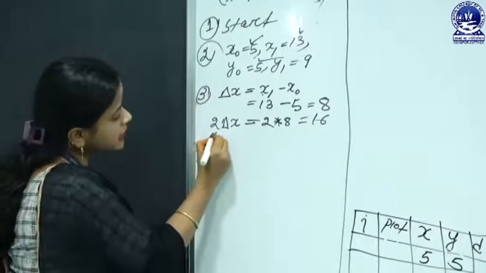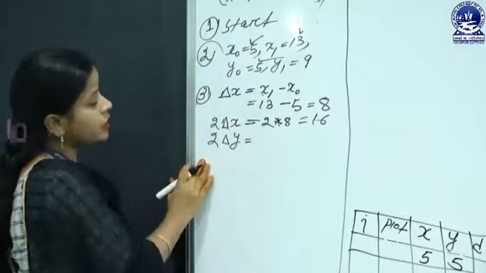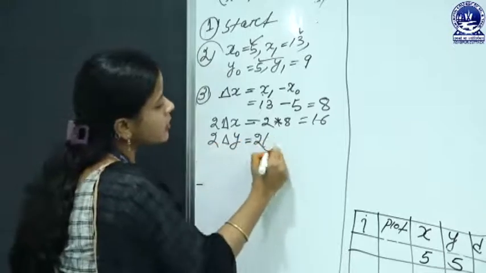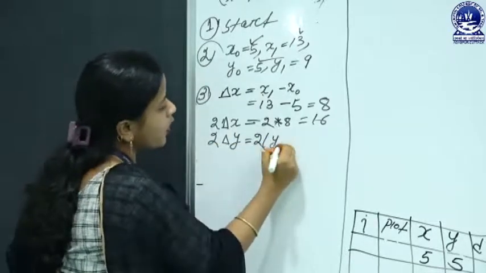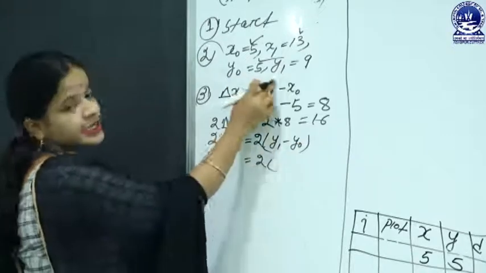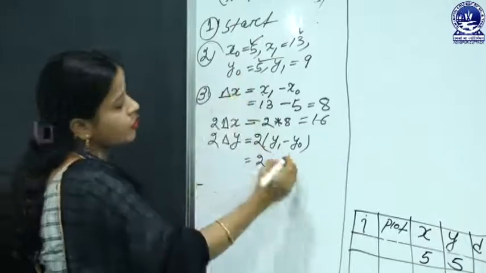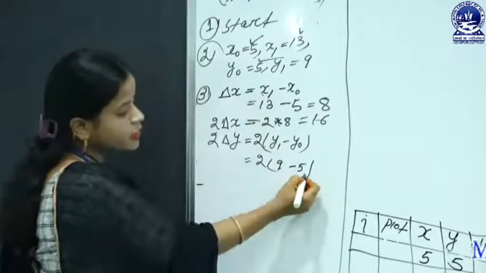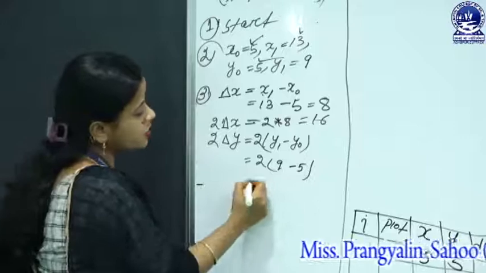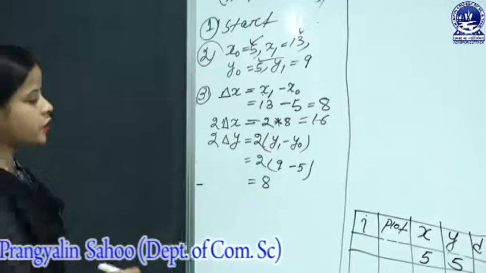Now to calculate the next constant value, 2 delta y. We know delta y is generated by the formula y1 minus y0. Here the y1 value is 9 and the y0 value is 5, so 9 minus 5 is 4, and 4 into 2 is 8. That means the 2 delta y value is 8.